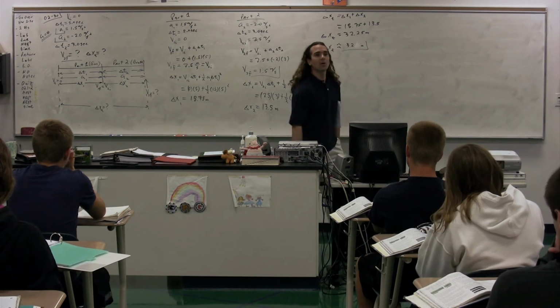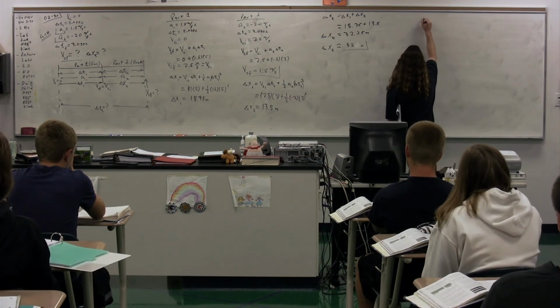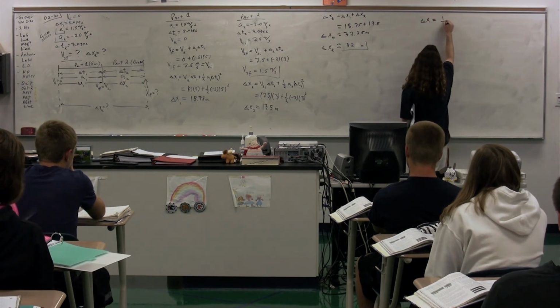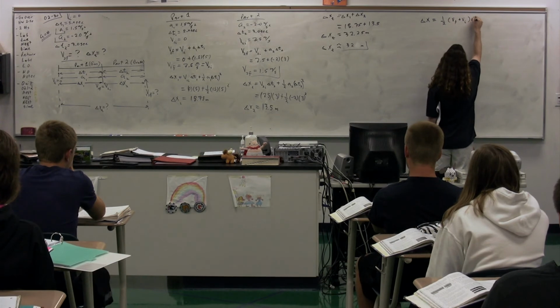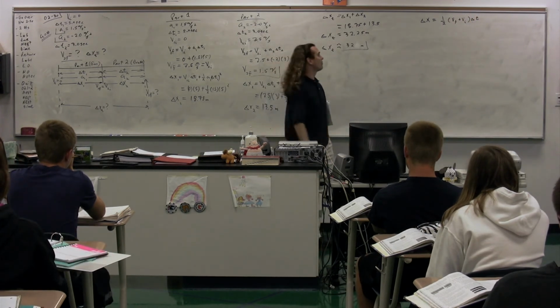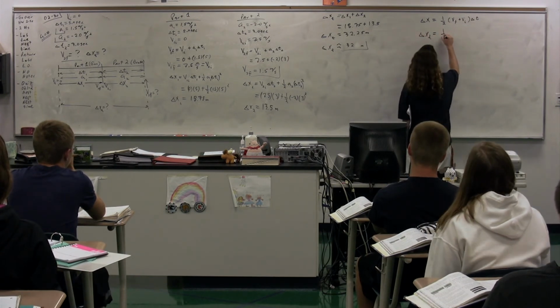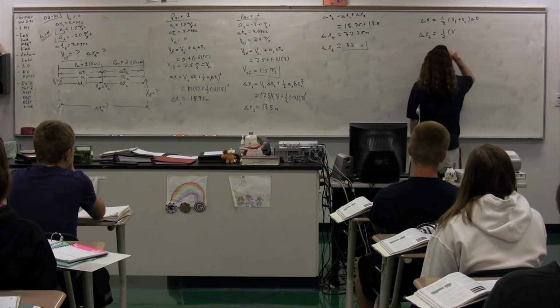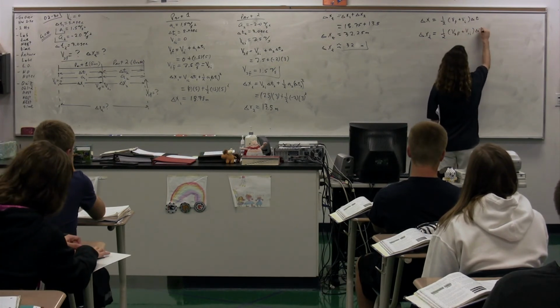I have a question. One of the UAM equations is that the displacement is equal to 1/2 times the velocity final plus the velocity initial, multiplied by the change in time. If we were solving for the displacement total, why didn't we simply say the displacement total was equal to 1/2 times the final velocity, v2 final, plus the initial velocity, v1 initial, times the change in time?